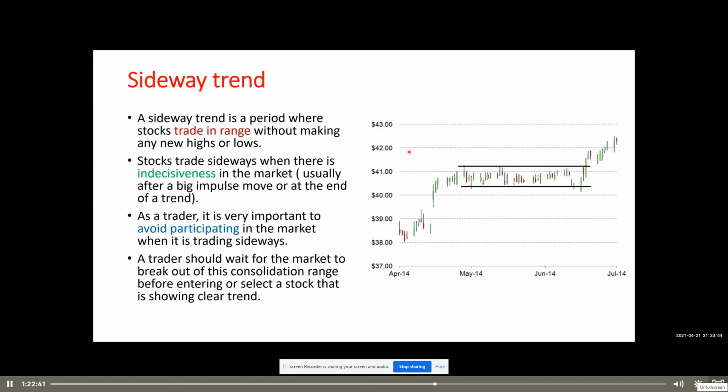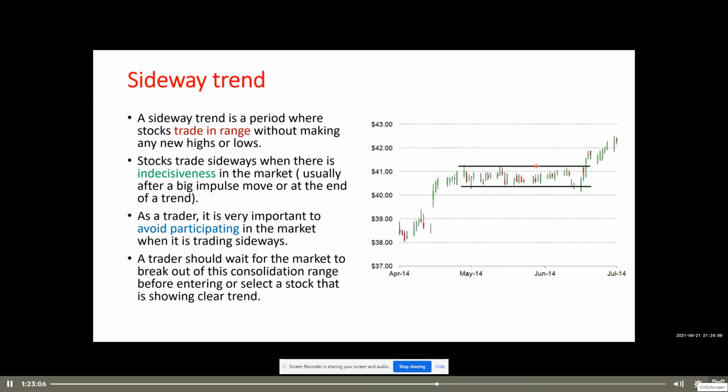And trust me, this is actually in the statistics. 70% of the time throughout the year, stocks trade in ranges. A stock is going to be consolidating in some range. It's going to be a $10 range or a $15 range. It's not always going to be breaking out, it's not always going to be uptrending or downtrending. 70% of the time throughout the year, a stock is going to be spending time in its range.